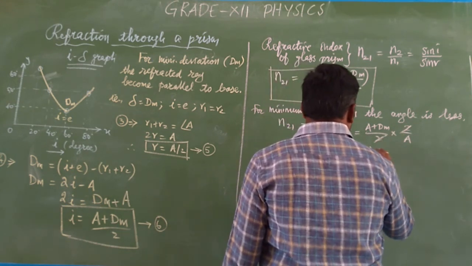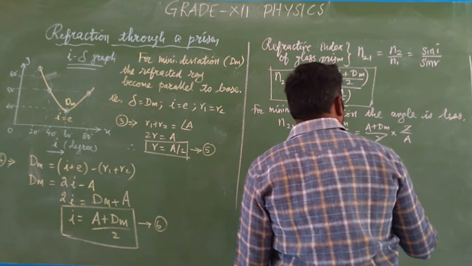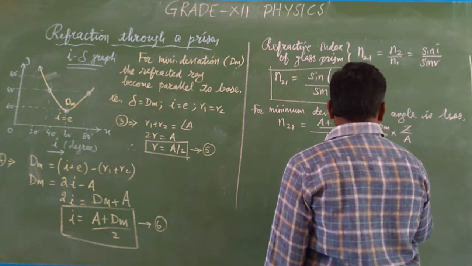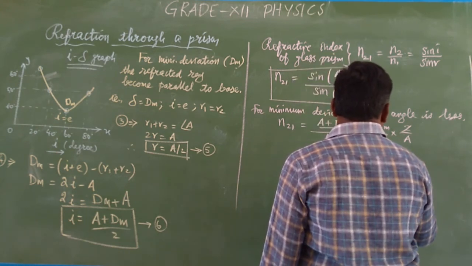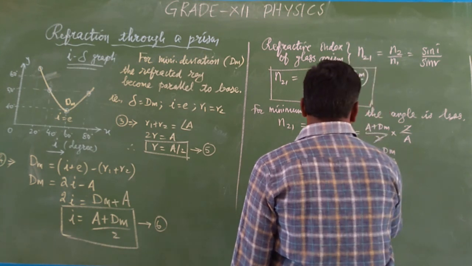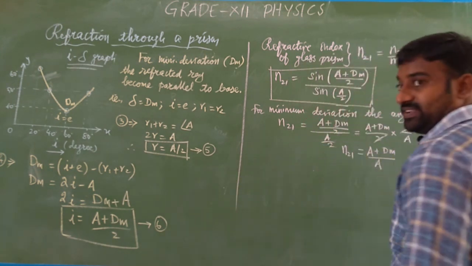So A is common in both. So we can write A plus dm by A, no? That is the refractive index of the second with respect to the first medium.